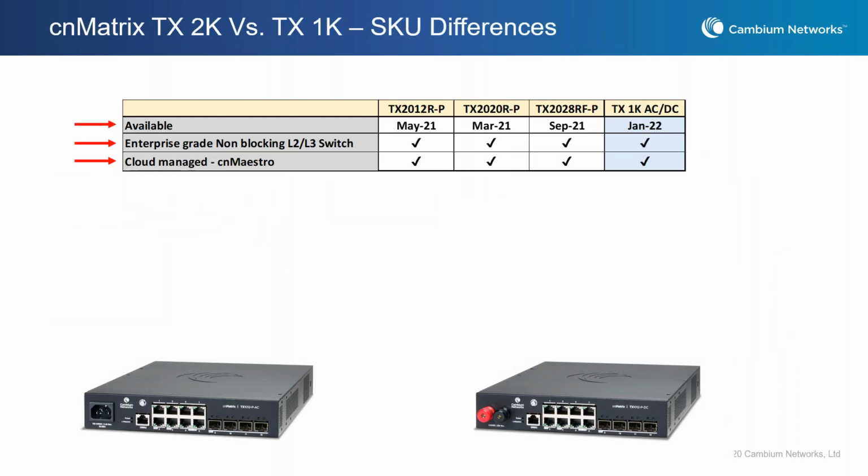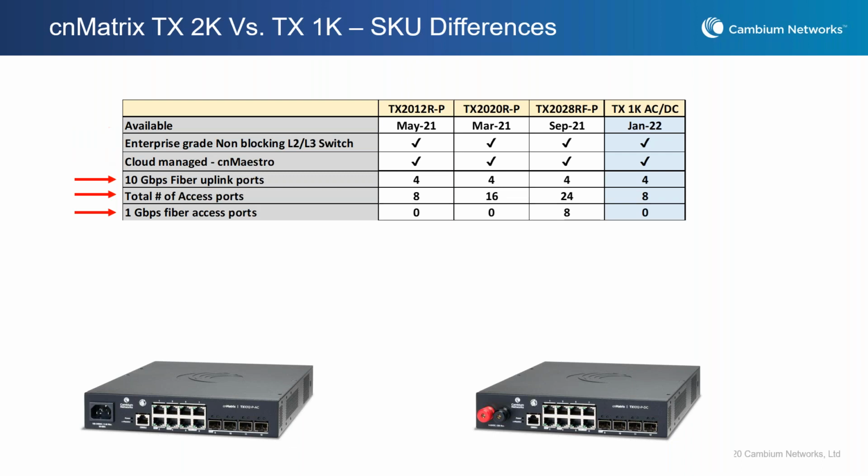Quick overview of the 2 SKUs. The TX2K and the TX1K are both enterprise grade, non-blocking L2, L3 switches. They both support Cambium's cloud managed cnMaestro. They both have 4 10 gig fiber uplinks. The number of access ports, of course, varies.